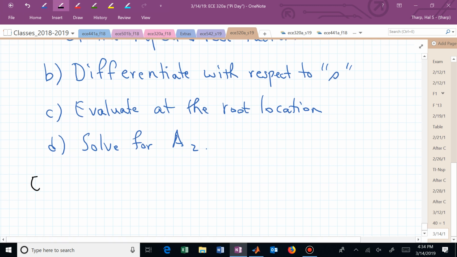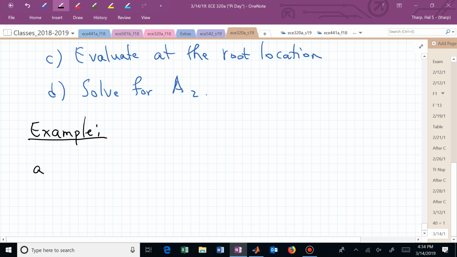Let's try that for our example. Step A is we multiply through by... why am I doing it in terms of unknowns? Let's see if I can do it for specific values.